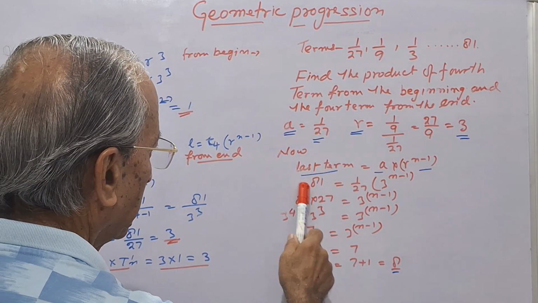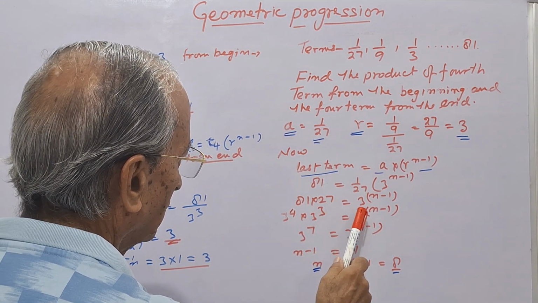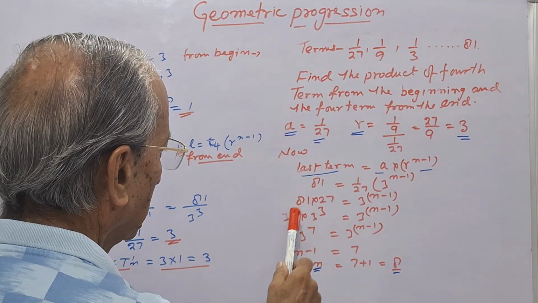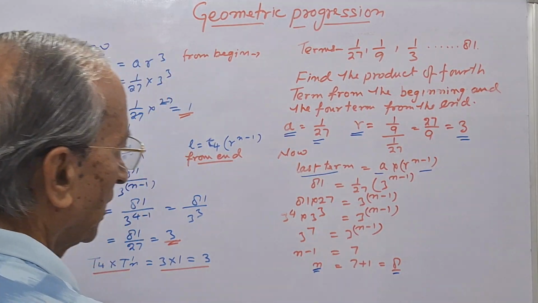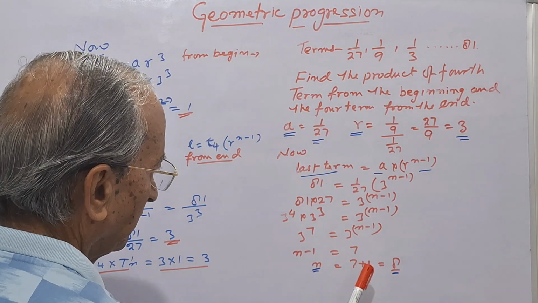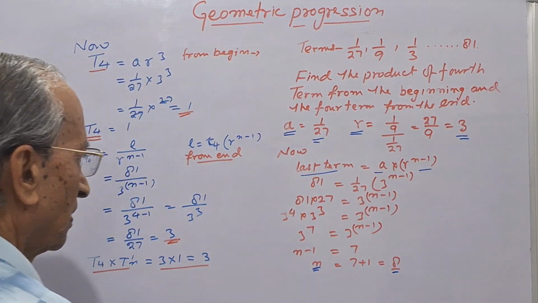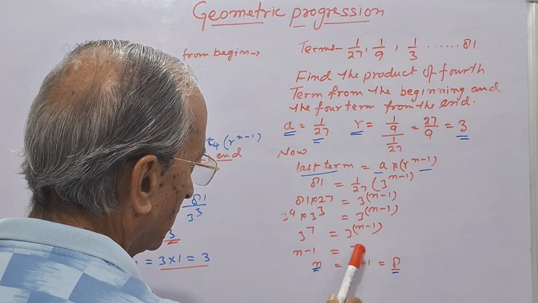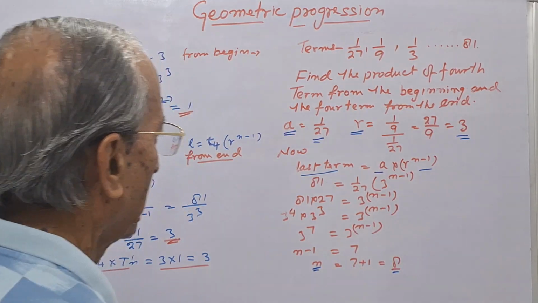If we factorize, 81 into 27 is equal to 3 to the power n minus 1. 81 is 3 to the power 4, and 27 is 3 to the power 3. That is 3 to the power 7 is equal to 3 to the power n minus 1. Now the base is the same, so n minus 1 is equal to 7, so n is equal to 8.